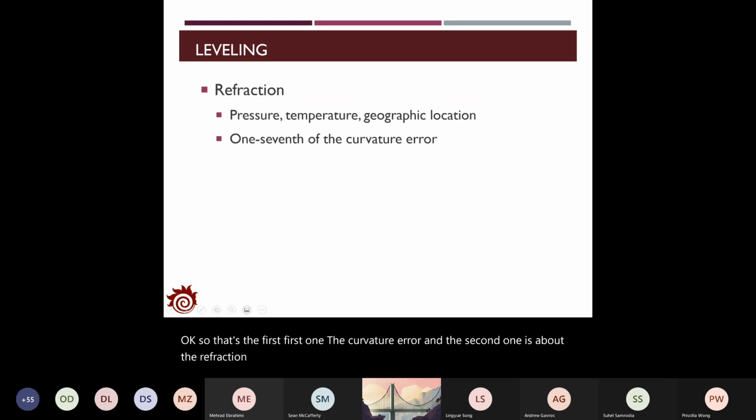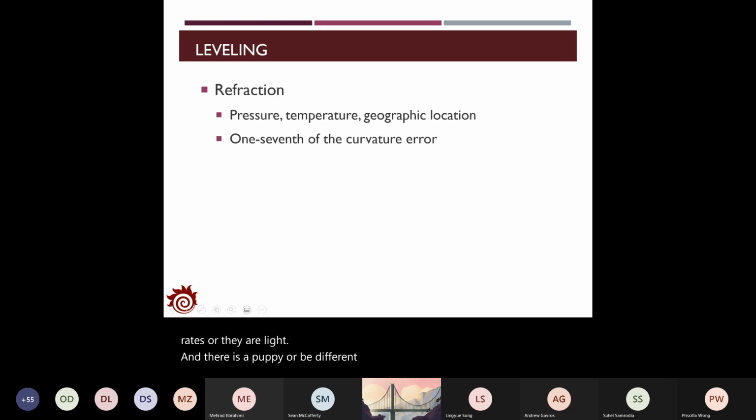The refraction error is usually caused by the air pressure, the temperature changes, and the geographical locations. You will know that under different air pressure and temperatures, the refraction rate of the light in the Earth will be different.